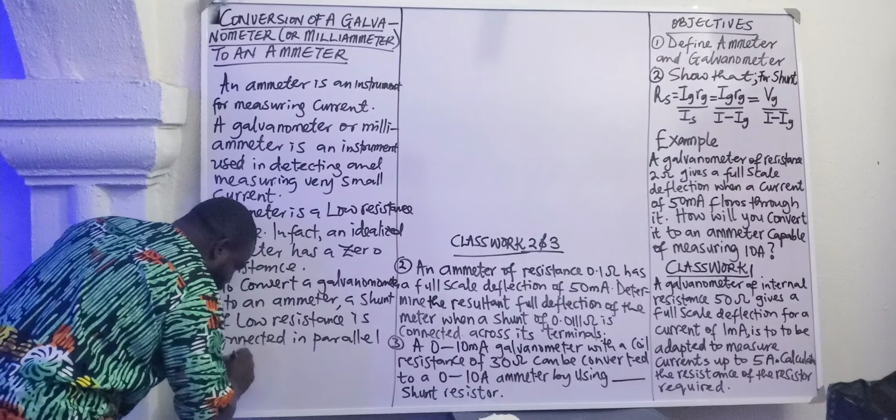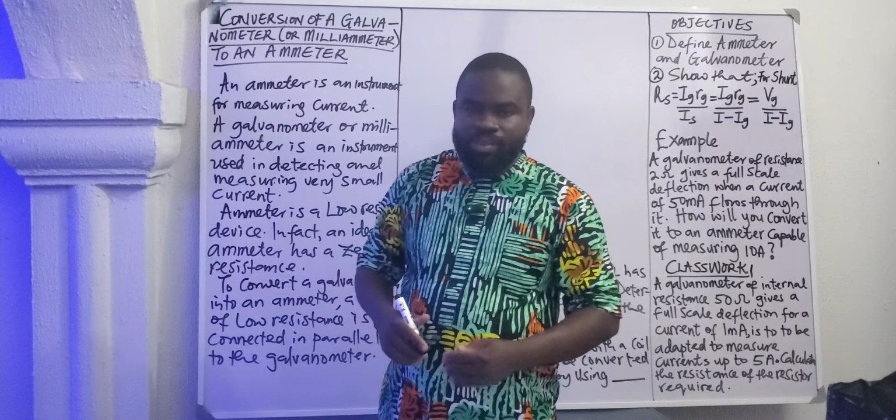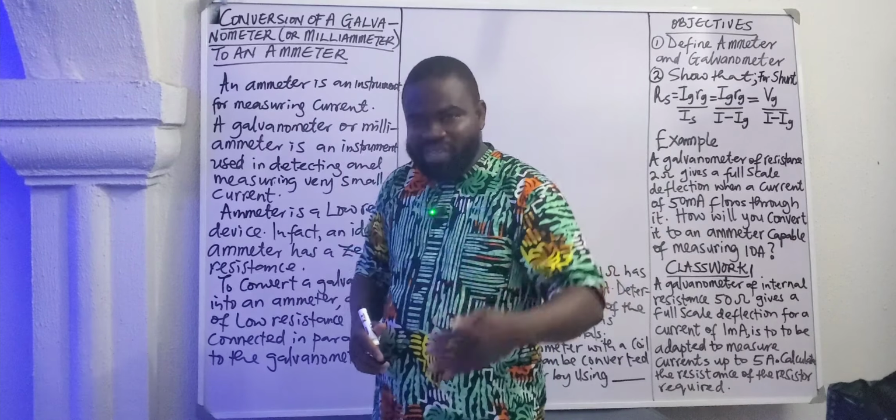Now, why do you have to connect a shunt in parallel to the galvanometer? That is because the shunt is meant to protect the galvanometer. The shunt is meant to divert excess current that would have damaged the galvanometer. It will be consumed by the shunt. So the shunt serves as a diverter of excess current.